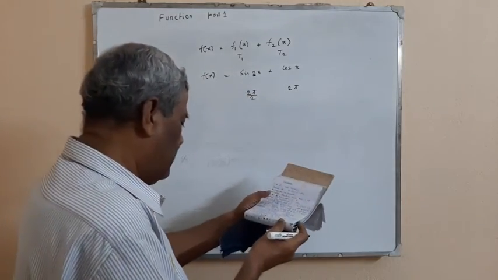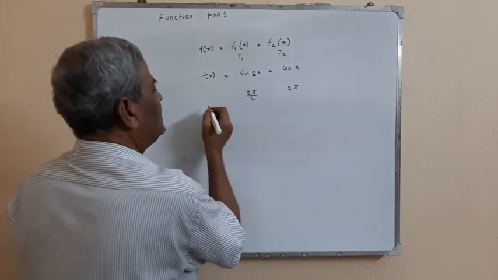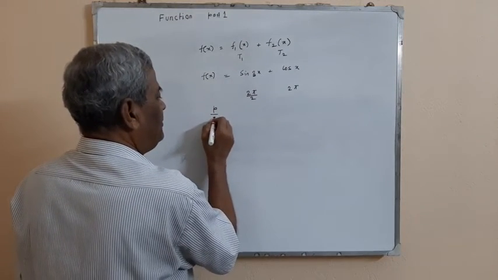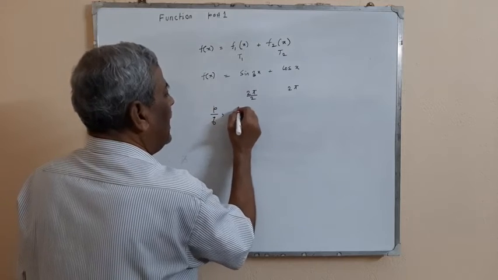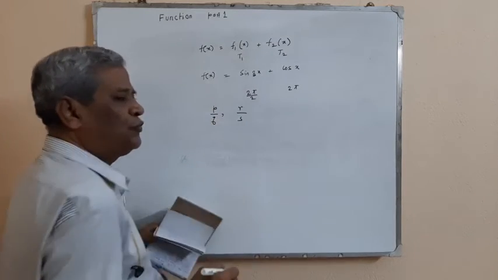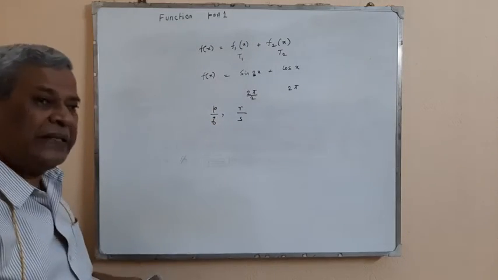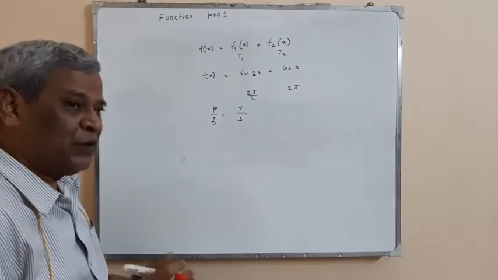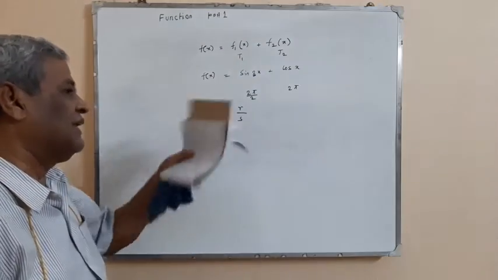One important thing: suppose p by q and r by s are two fractions. What would be the LCM of this and that?